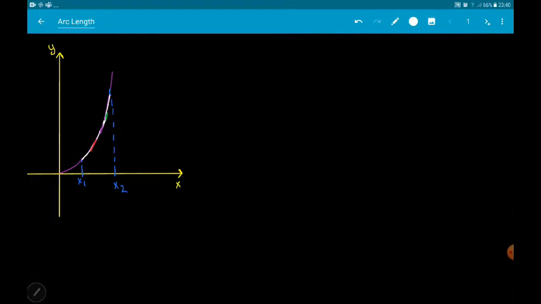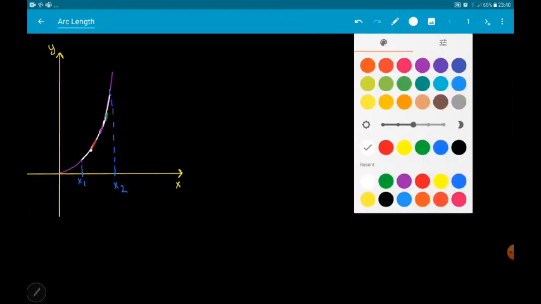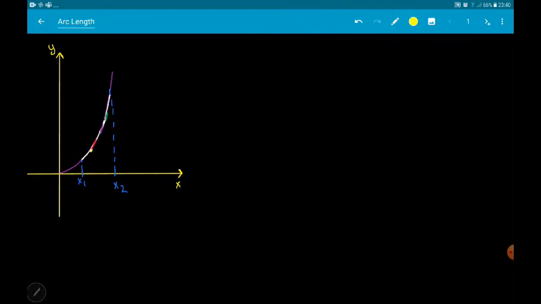So I will take any point to draw a tangent line, and I will assume that my tangent line is almost on the graph as it has very, very small change. And I will call this dl. Let's draw our tangent line.